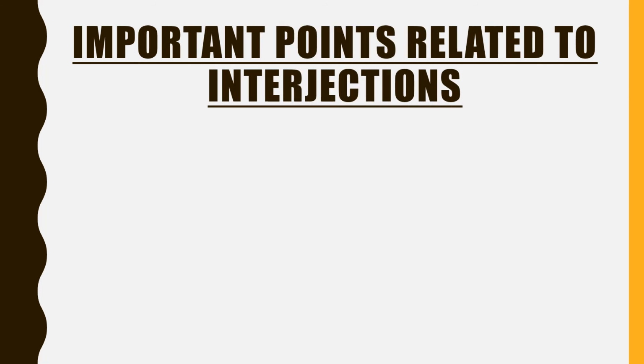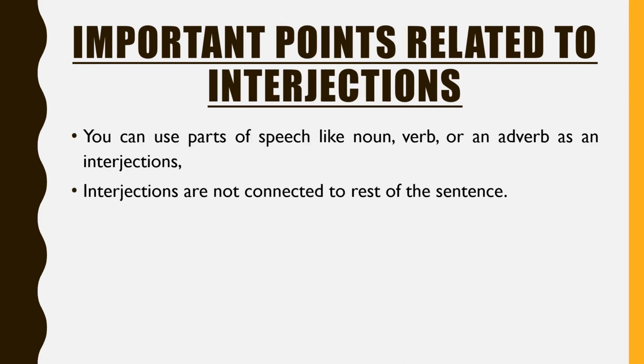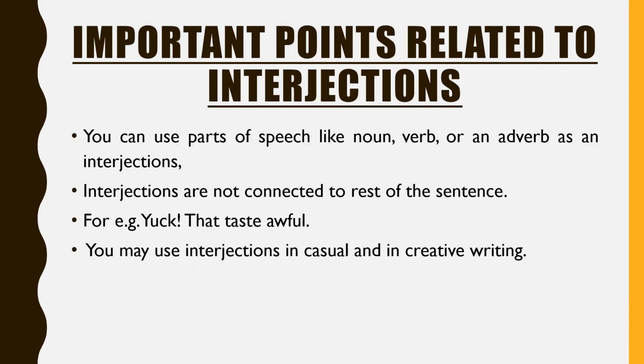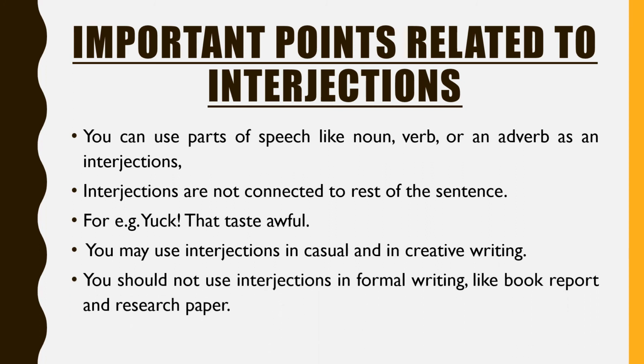There are some important points related to interjections. Let's discuss what these important points are. The first point: you can use parts of speech like a noun, verb, or adverb as an interjection. Interjections are not connected to the rest of the sentence. How? See the example: "Yuck, that tastes awful."